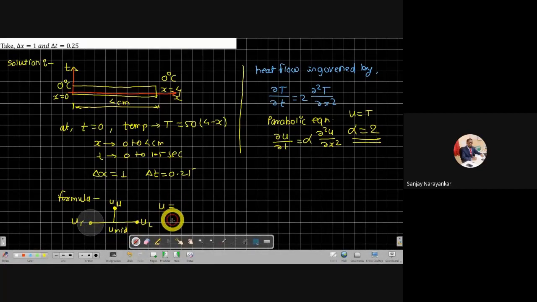Now tell me the formula. U top is equal to gamma U left plus bracket 1 minus 2 gamma U mid plus gamma U right.